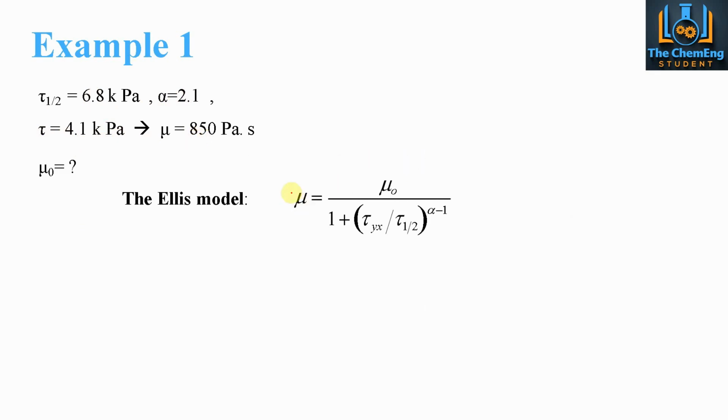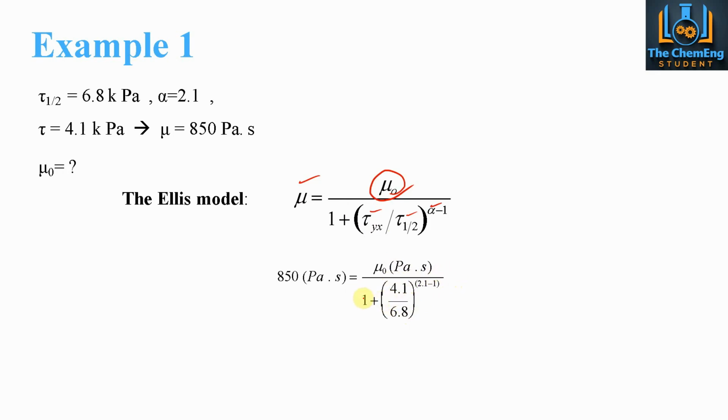So we know the viscosity that corresponds to a shear stress value of 4.1, and we also know alpha. The only unknown here is mu naught. So we can substitute in our values. We take the ratio of 4.1 over 6.8, to the power of 2.1 minus 1, so to the power 1.1.